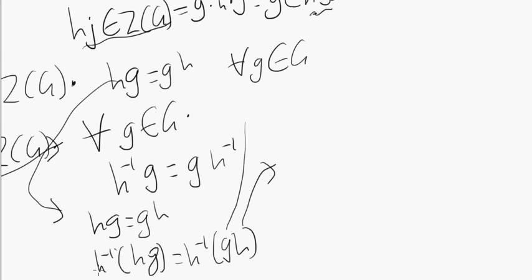Actually, we can simplify. H inverse times H is just the identity, and so this equation becomes g equals H inverse gH. Well, I can multiply the right hand side by H inverse. It's an equation after all.